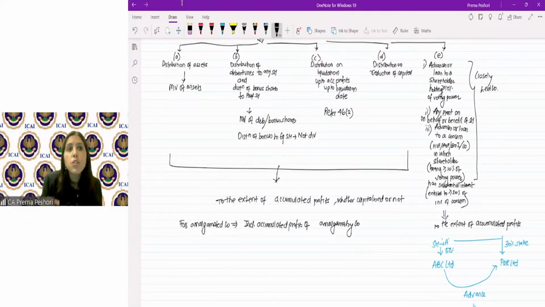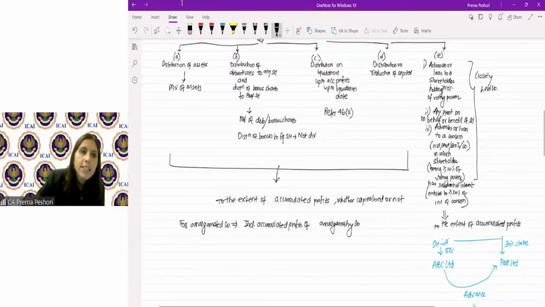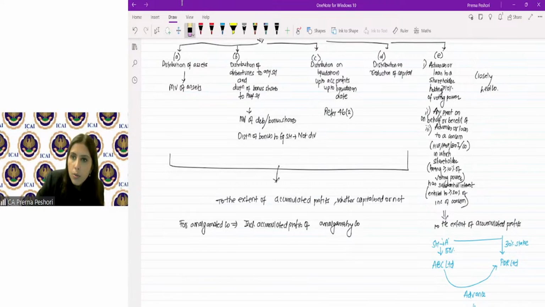So any payment which is made on behalf of the shareholder or for the benefit of such shareholder who is holding more than 10% of the voting power, then in that case that is also included.